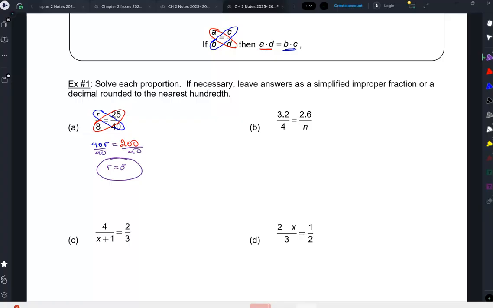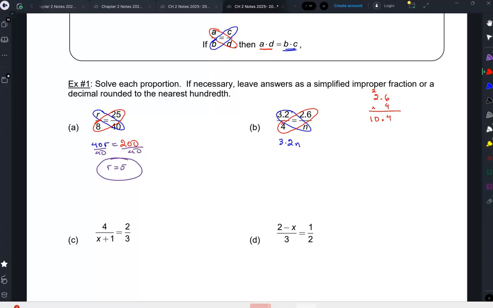All right. So here, let's do the same thing. This way, the proportion is 3.2 n. This way, the proportion is 4 times 2.6. So let's do that. 2.6 times 4. 4 times 6 is 24. 4 times 2 is 8. So 10.4, right?